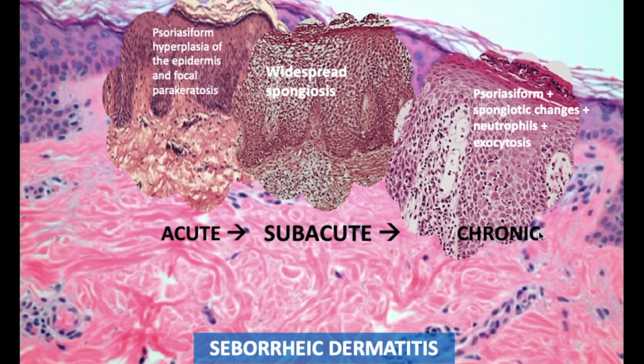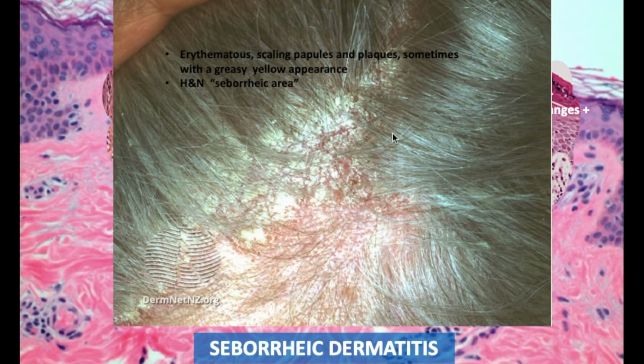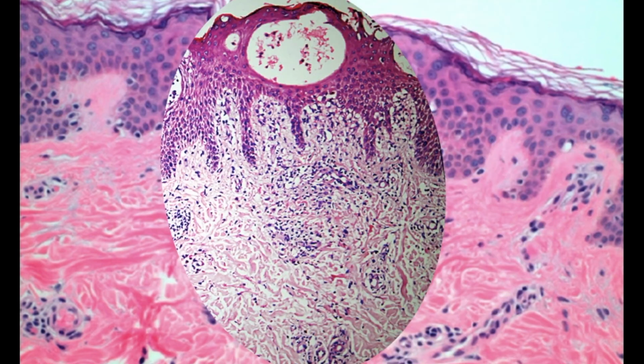When you biopsy in the chronic stage, you see psoriasiform spongiotic changes with neutrophils and exocytosis. This is a clinical picture where you see erythematous scaling papules and plaques, sometimes with a greasy yellow appearance in the head and neck, which are basically seborrheic areas.